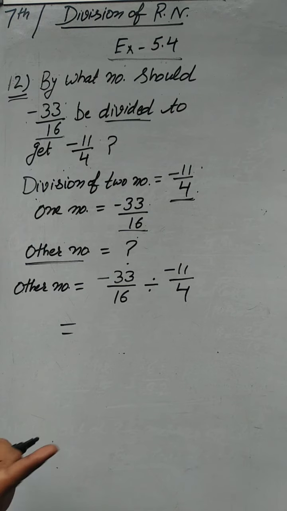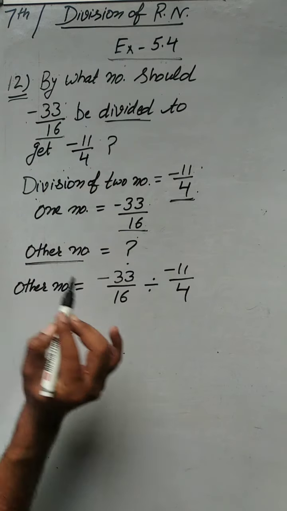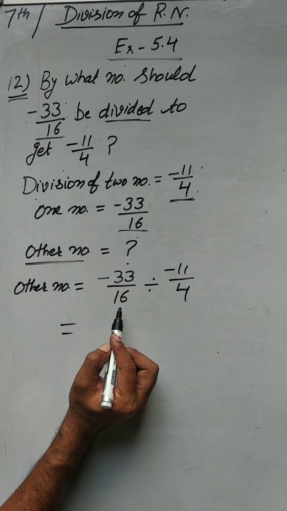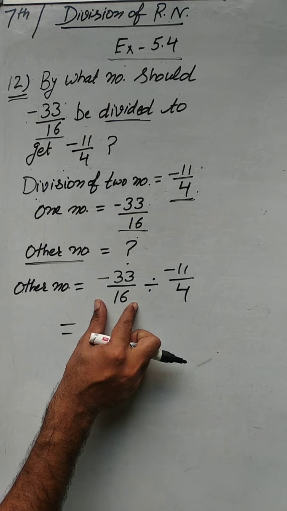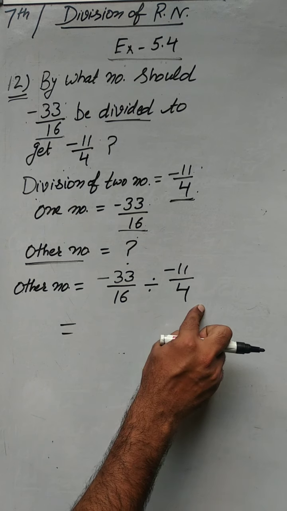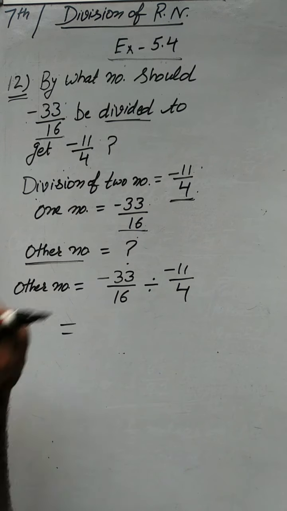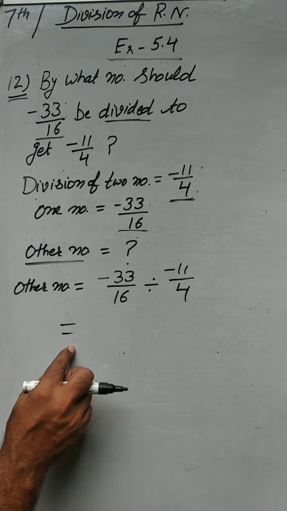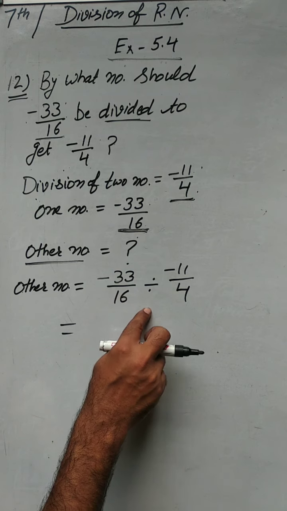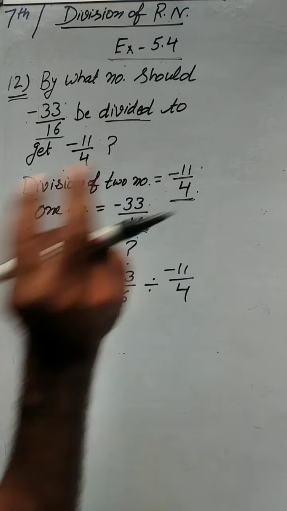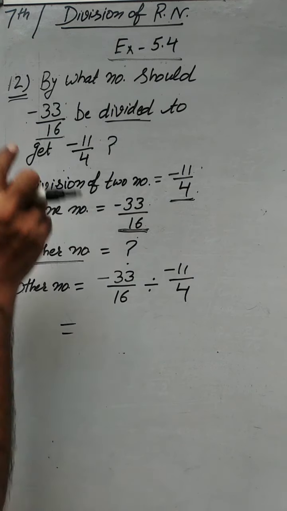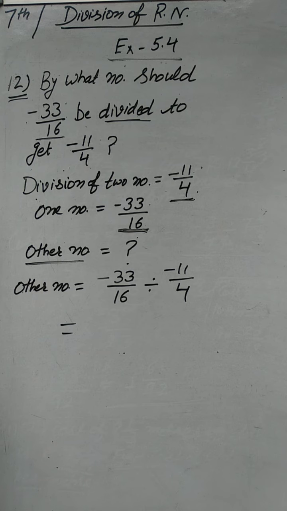In 6th, 7th and 8th, if you have given the product of two numbers, then, beta, first we will put here the product of numbers, then divided by the given number. But if you have given the division of two numbers, then first you will put one given number, then divided by the result of division. Understood, beta? That is the difference between question 12th and 6th, 7th and 8th.